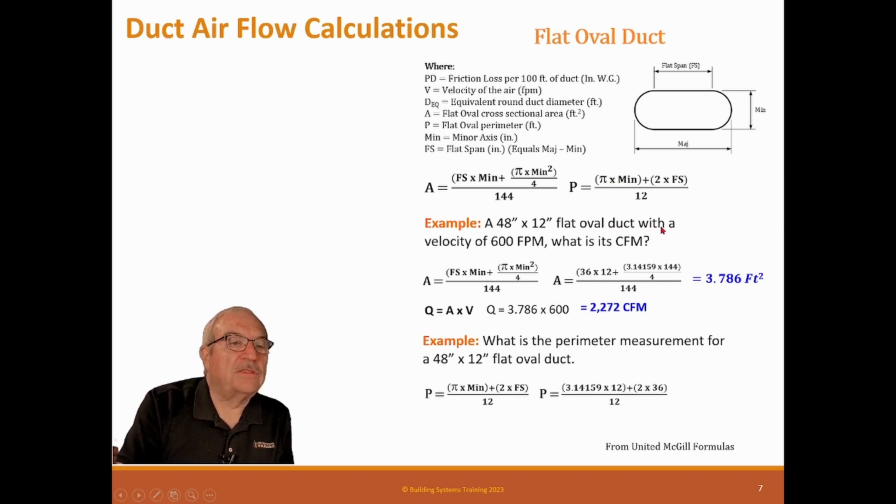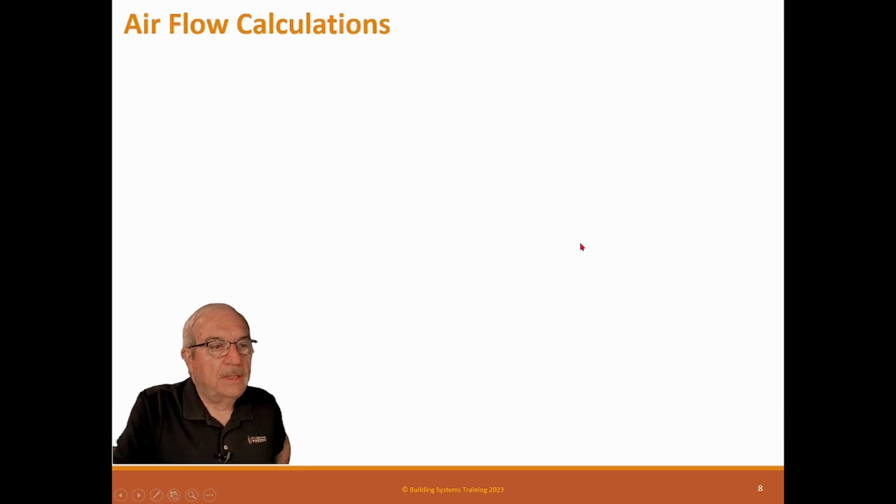Putting these dimensions in there, we take pi times 12, which is the minimum dimension, plus 2 times 36, which is this dimension, divided by 12, then it equals, my computer's really slow today, 9.142 feet. So if you had 100 feet of duct, you multiply that times 100, and you have the square footage of a 100-foot length of duct this size. This is a really helpful formula when you have flat oval duct.